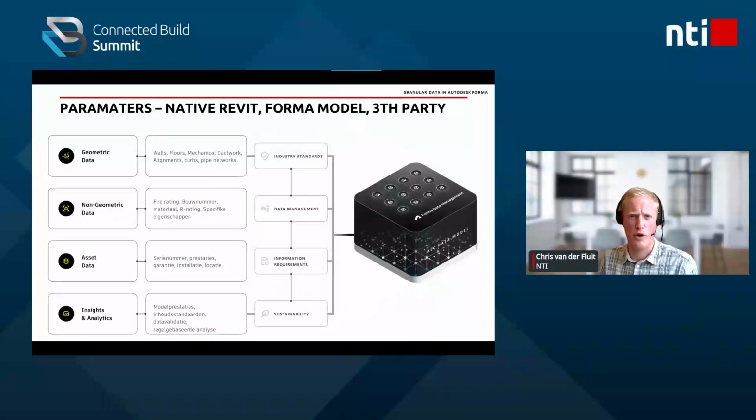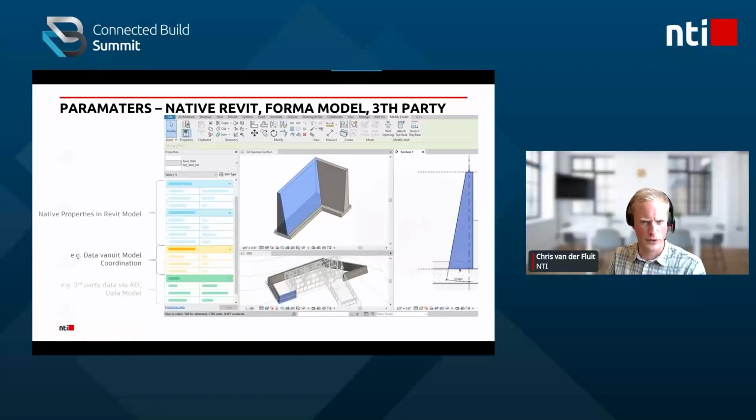So then you have an overview of the data that are in your IFC or Revit file. You have the geometric data. You can add non-geometric data. You can get data from the asset, or you can add some other inside data, let's say for sustainability. These data are not only stored in model management, it will also get back to Revit.